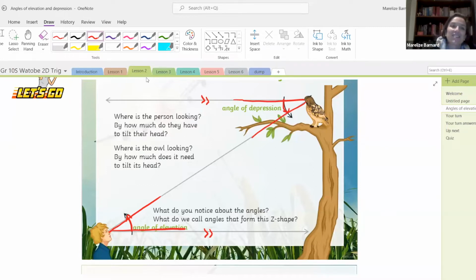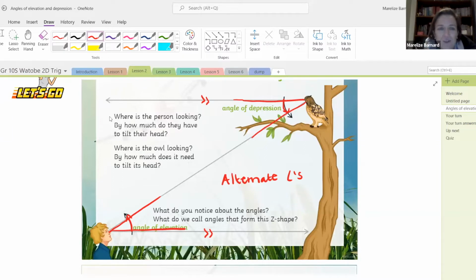Okay, we're a bit rusty on our geometry, but thanks for trying, everyone. Yes, so those are alternate angles. And what do you remember about alternate angles? Alternate angles are equal. So an angle of elevation and an angle of depression are equal.